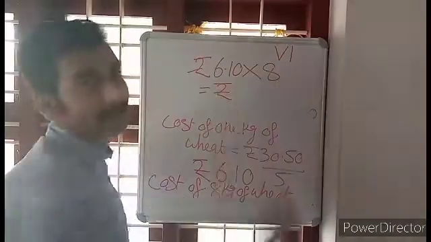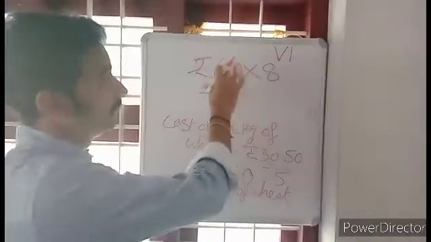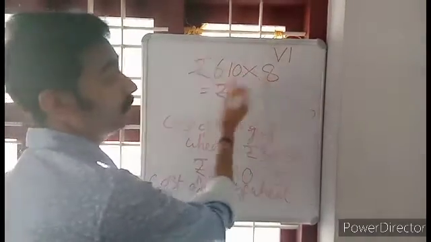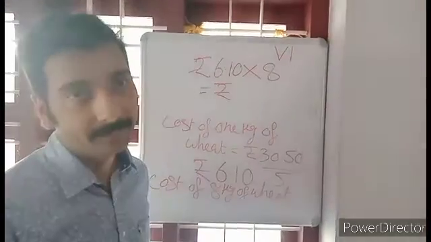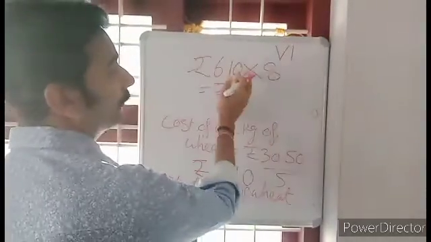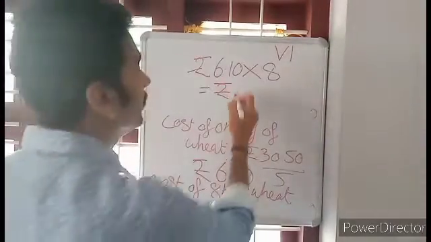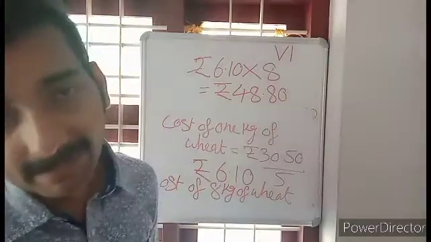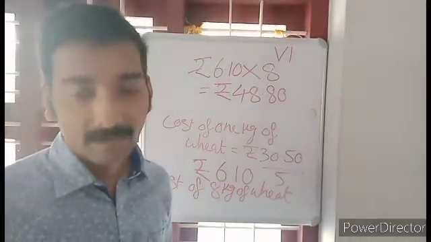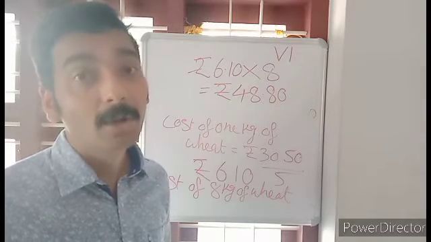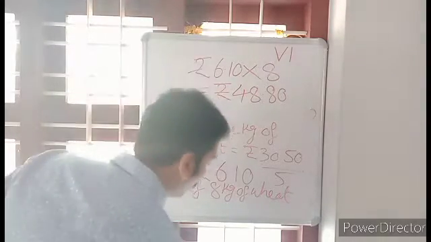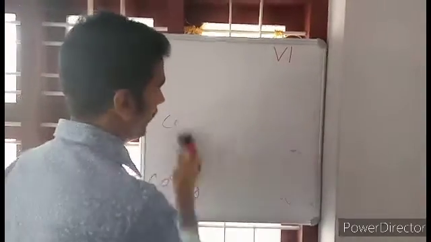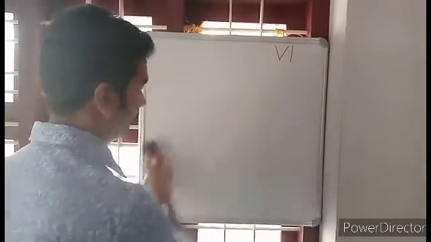You multiply 610 into 8, get the result, and from right to left you put 2 decimals. That means rupees 48.80. Clear? This is the A section answer. Very important question.